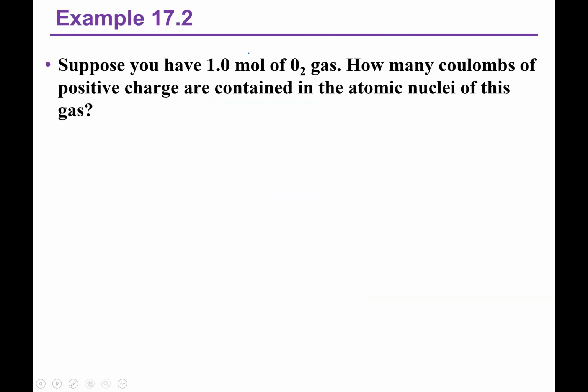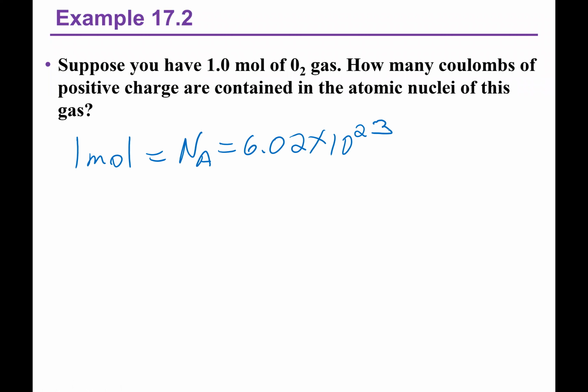Remember, 1 mole gives you a certain amount of particles. So 1 mole is equal to what we call Avogadro's number of particles, which is 6.02 times 10 to the 23 particles or molecules.